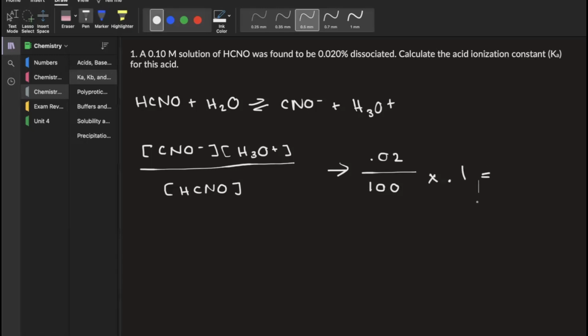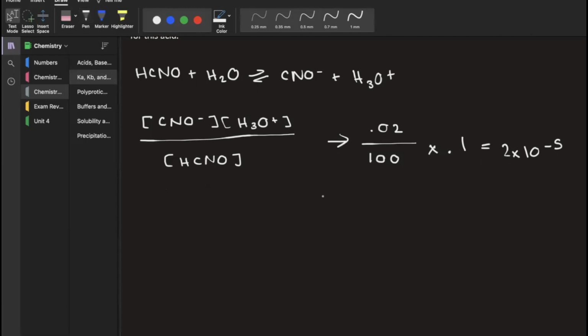This gives us 2 times 10 to the negative fifth. This is what we're going to use as our concentration for CNO minus and H3O plus.